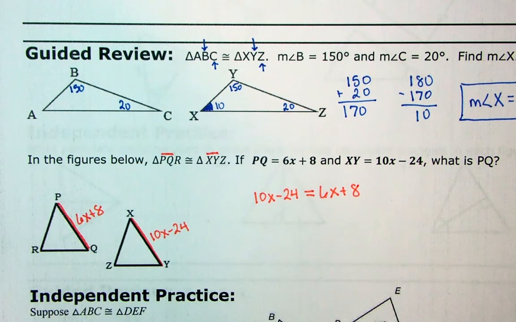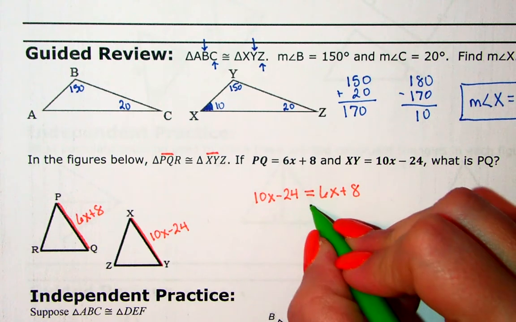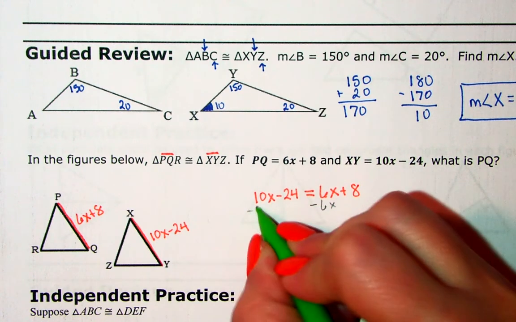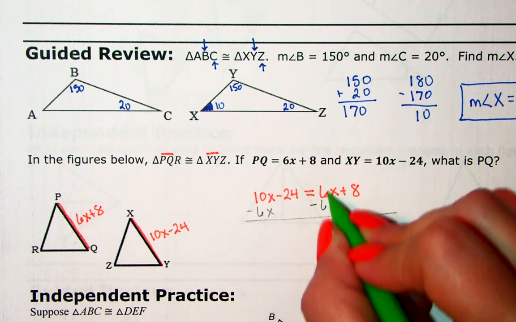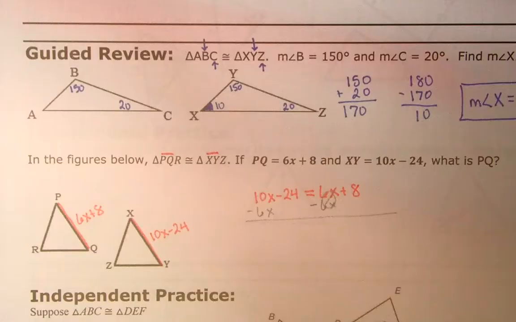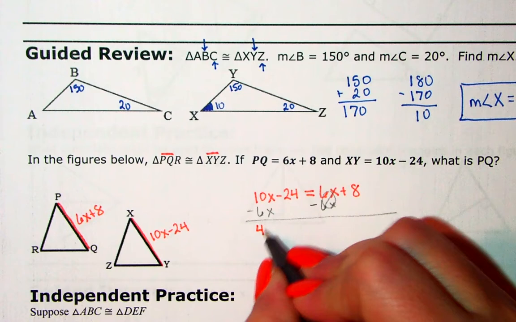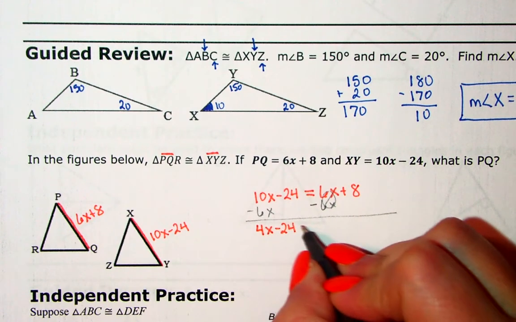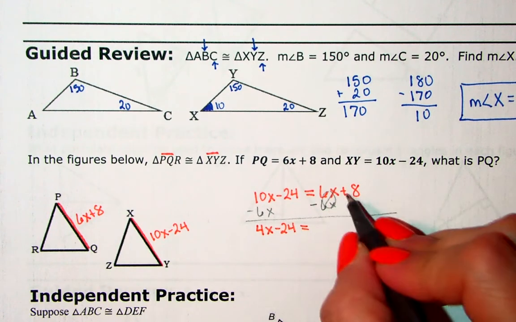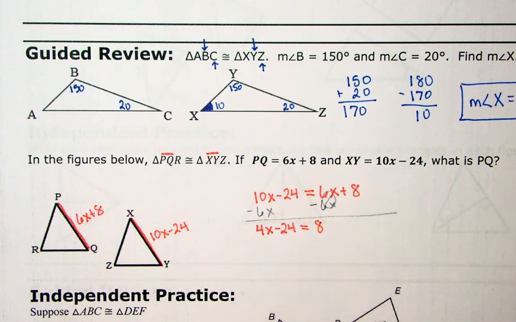Okay, so the first thing I want to do in solving this is make sure I have all my x's together. So I'm going to subtract 6x on both sides. And I get 10x minus 6x is 4x minus 24 equals 0 plus 8 is 8.